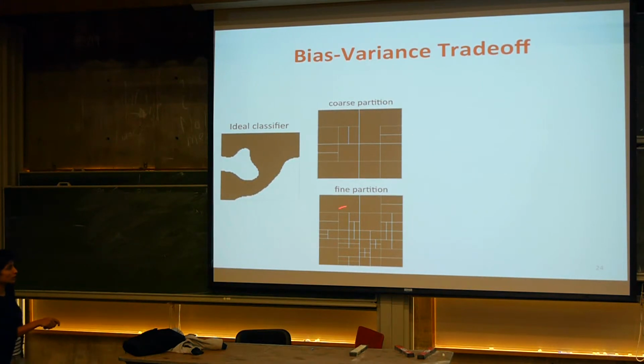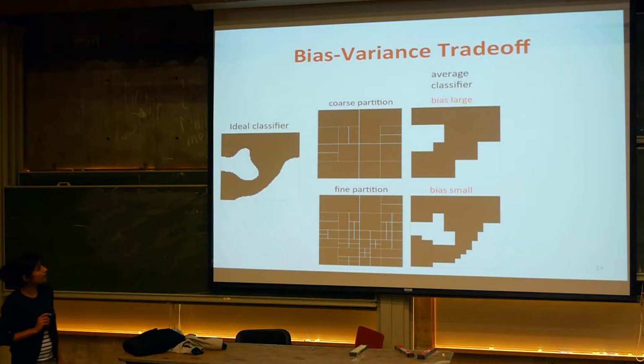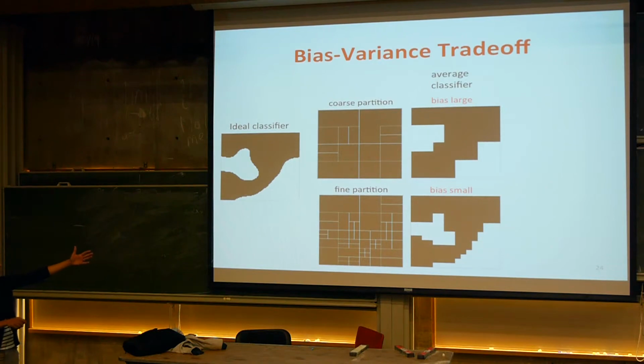So we can have a coarse partition or a fine partition, more leaves versus fewer leaves. You can imagine a tree built on each one of those. And if I think of the best fit I can get by assigning one label to each leaf, then this is maybe the best fit you can get to the ideal classifier using this partition or tree. Whereas using this partition, that's the best approximation you can hope to get, right?